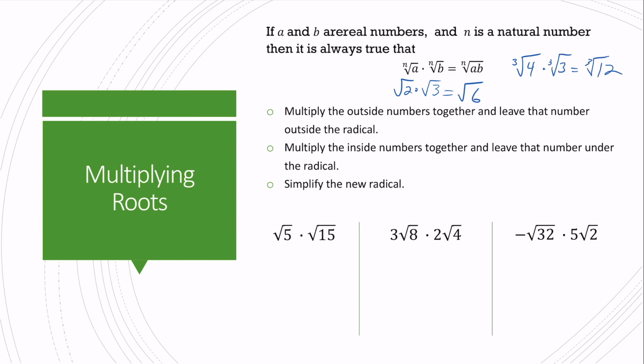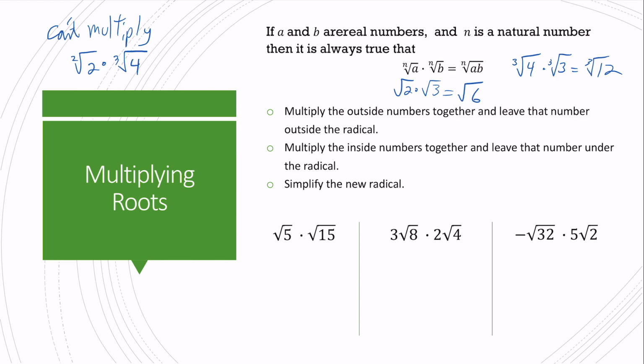When I cannot multiply them is if they have different powers. So I can't multiply the square root of 2 times the cube root of 4. I can't multiply those two together because one's a square root and the other's a cube root.